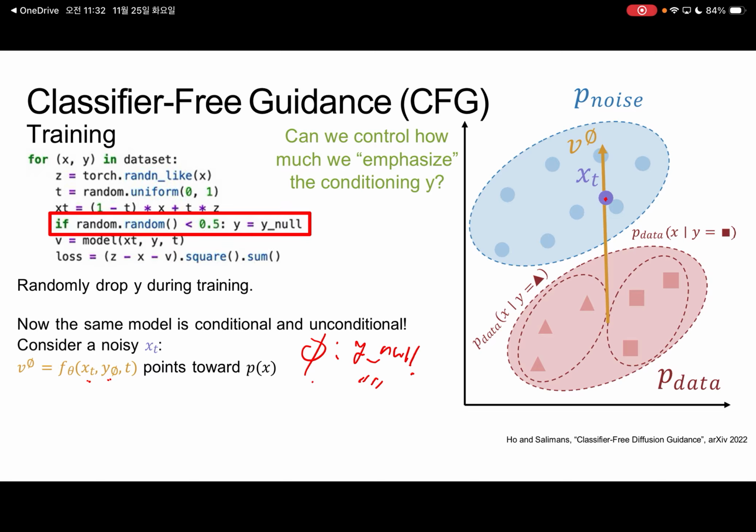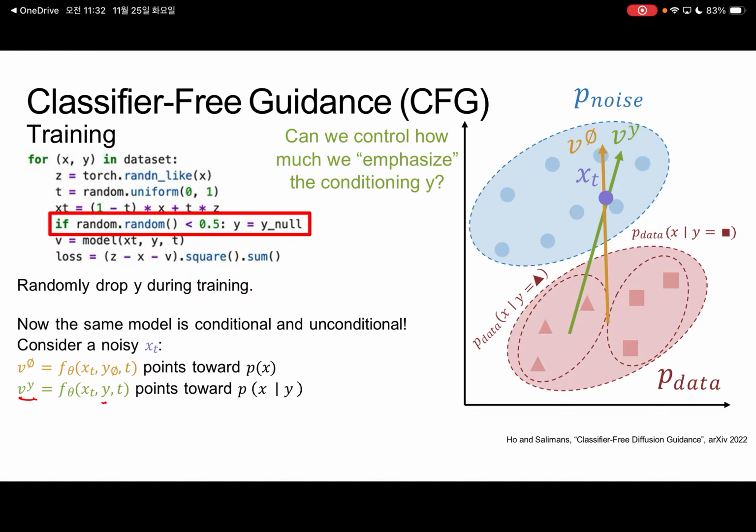So we have xt somewhere between noise and data space, and y null means just quotation marks without any text, with t just t. That gives a vector from no condition. And then we have vy at the same time, where y is used. We have a conditional signal, right? It points toward the condition. So when the empty condition is used, the vector points toward px, without any condition. That is the prior distribution, right? Prior. This is the posterior.